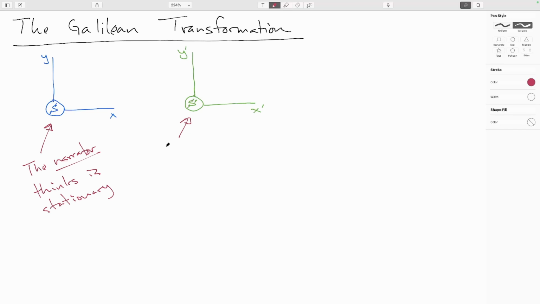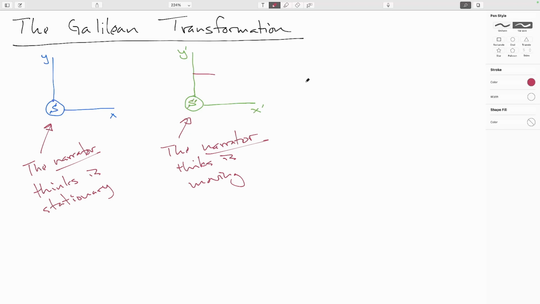So S prime is the observer that the narrator thinks is moving. And again, just a reminder, since S prime is an inertial observer, the laws of physics 100% entitle them to say that they are stationary and everyone else is moving. But the narrator has picked sides, and we will be analyzing from the perspective of the narrator.